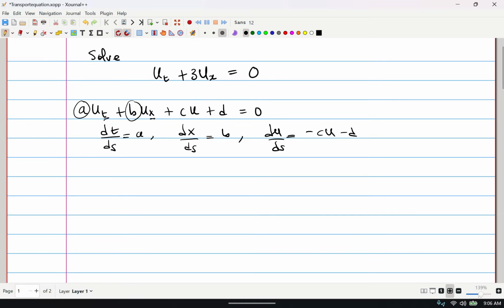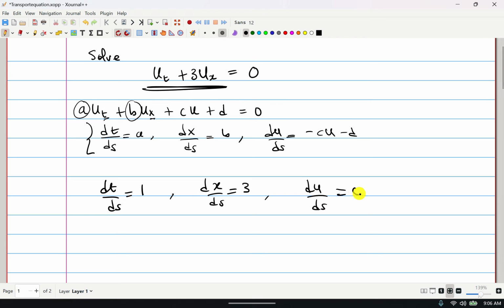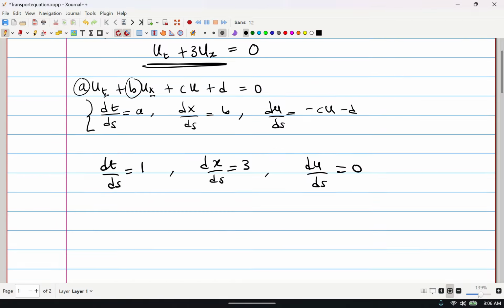So here, what you're going to do is compare that to the same system. We know that dt ds is equal to 1, comparing to this general equation, and dx ds is equal to 3. du ds is equal to 0 because there's no c, there's no d there. So what does it mean?